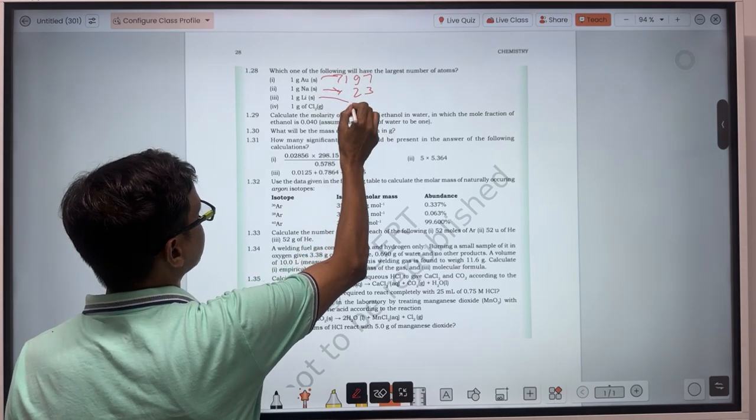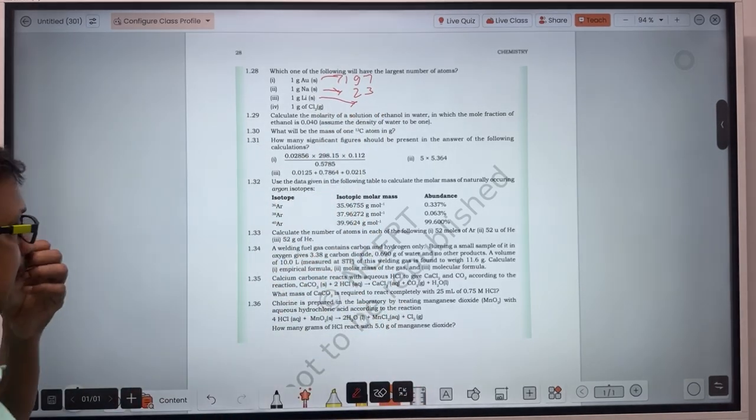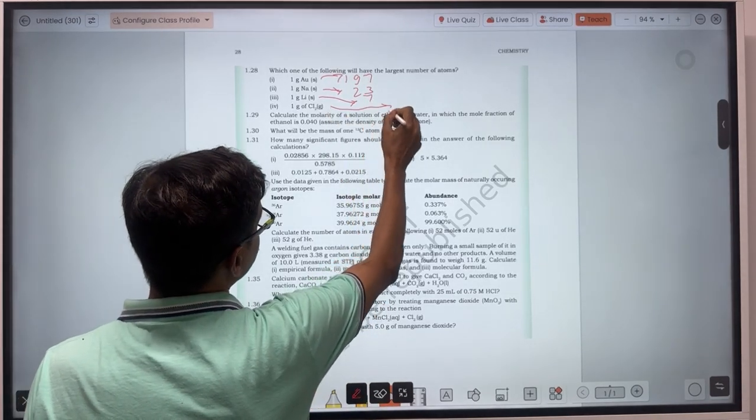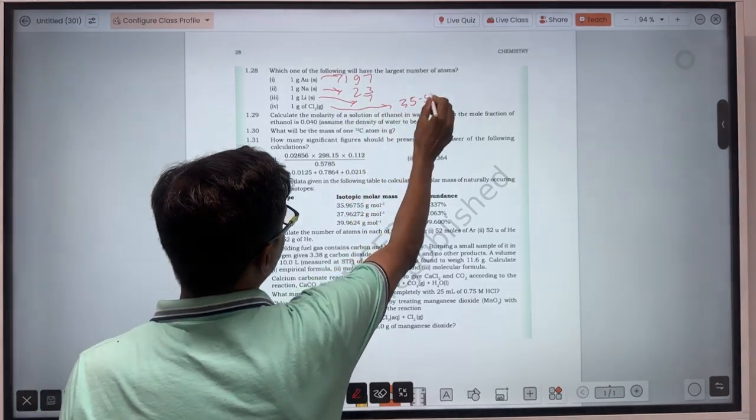Sodium here how much? 23. Lithium, watch out, 7. And chlorine, that atomic weight is 35.5.